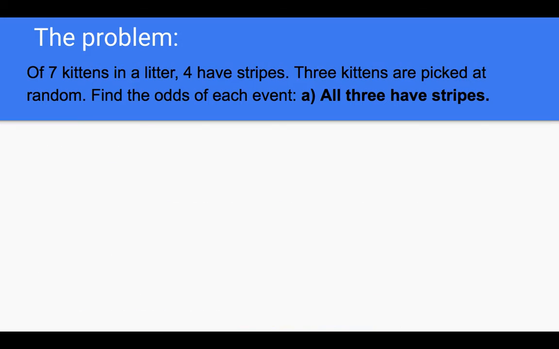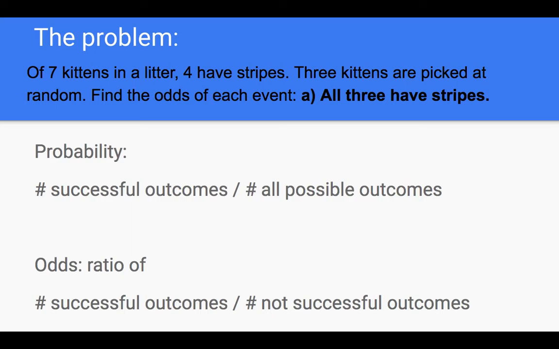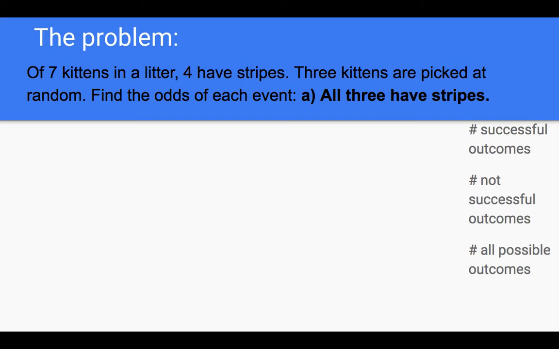Back to the problem and back to the definitions. If you see the definitions, for probability and for the odds, you need to count the number of successful outcomes, the number of all possible outcomes, and the number of not successful outcomes. So I'm going to leave the things you need to count here.